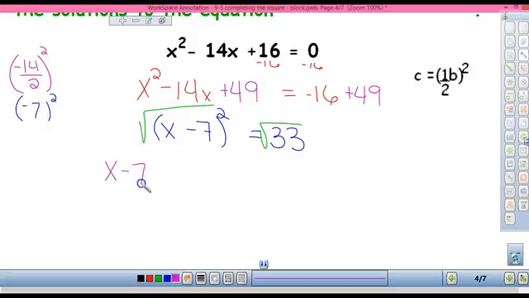So it's x minus 7 equals, what is the square root of 33? 5.74, or x minus 7 equals negative 5.74.